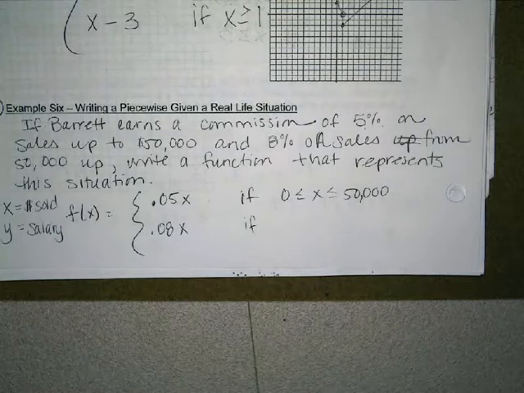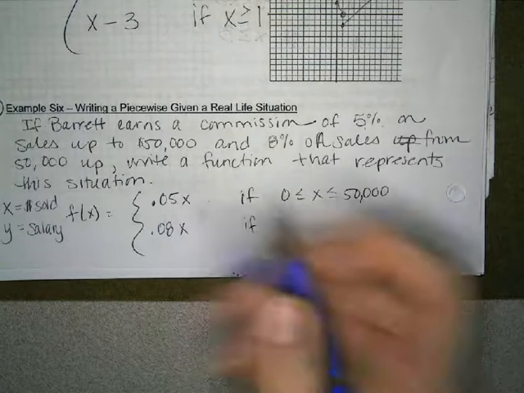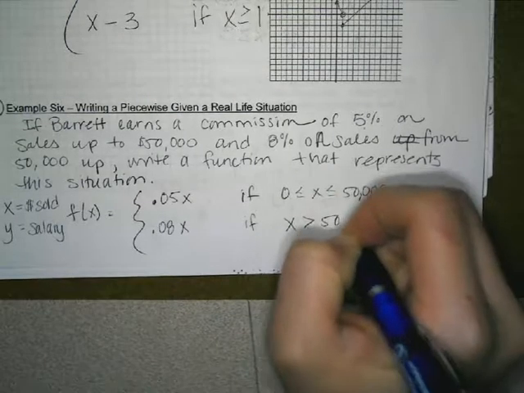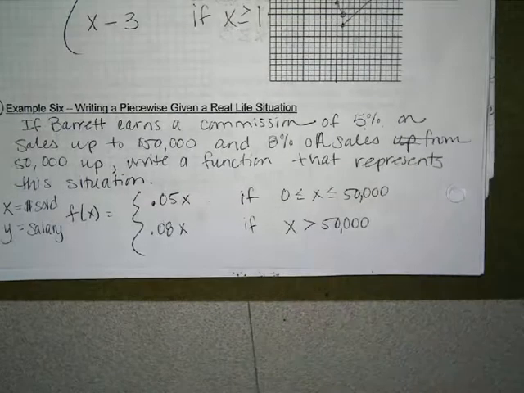And that cutoff point is what? 50,000. Does it have another cutoff point? No, it just says from 50,000 up. So it doesn't matter if he sells $1 million of product. He only gets at most 8% of that. So to write that, we would say if x is greater than 50,000, and then all of our x values are covered at that point.